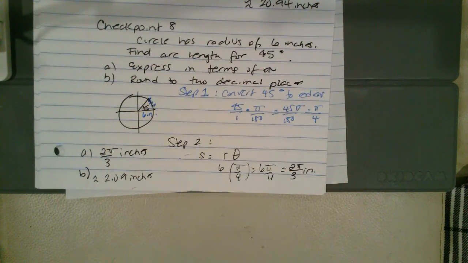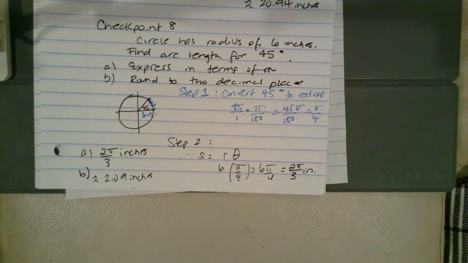Okay, how'd you do? So did you remember on step 1 to convert 45 degrees into radians? You can use your unit circle measures that you have already created, or you can do that ratio calculation to convert. It becomes 45 pi over 180, which is pi over 4. Step 2, your arc length that's subtended by the 45-degree angle, the pi over 4 radian, is the radius times theta.